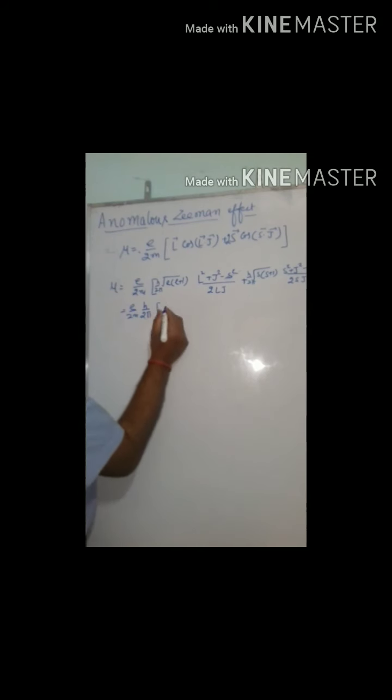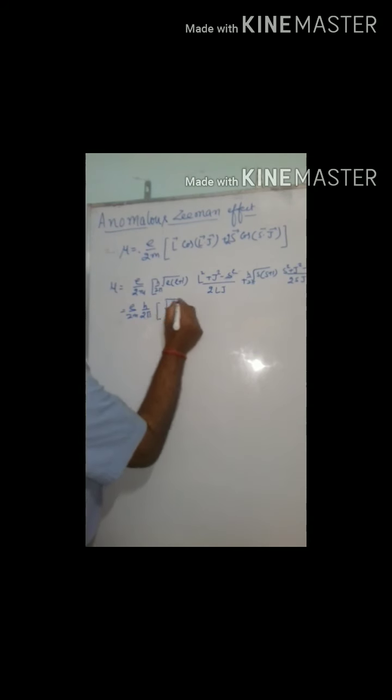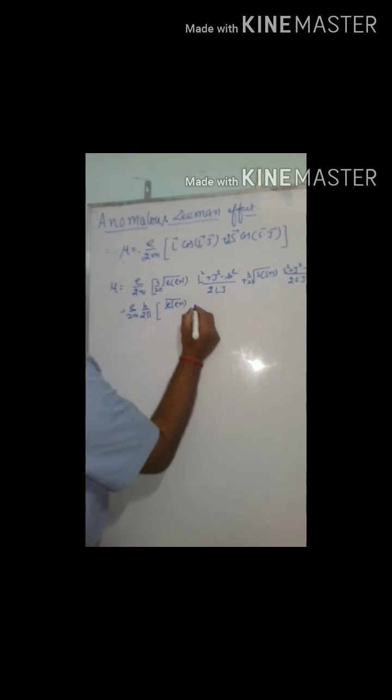So here h upon 2 pi is taken out, that is the square root of L into L plus 1 into L square.